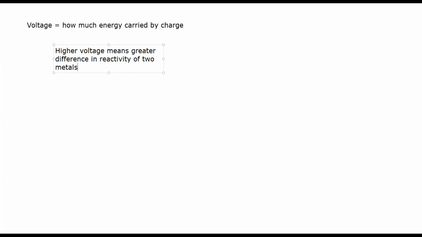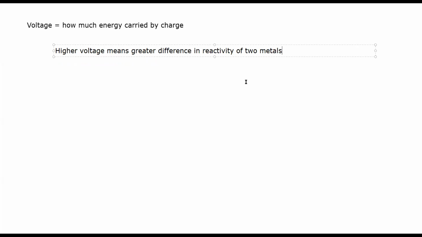And higher voltage means greater difference in reactivity of two metals. So when the metals have a greater difference in their reactivity, it will produce a higher voltage.